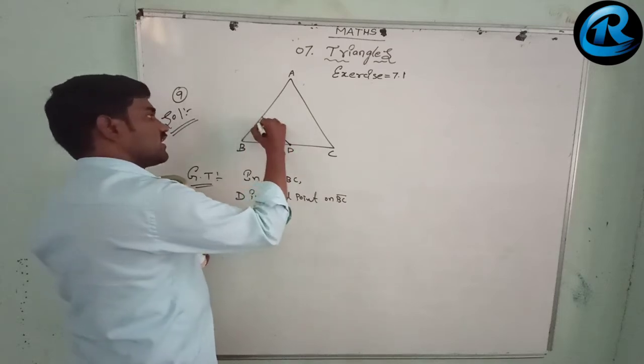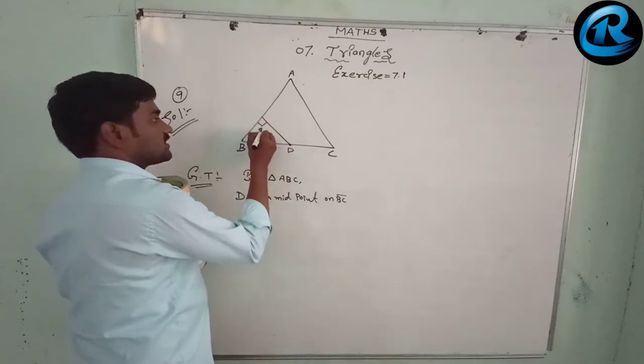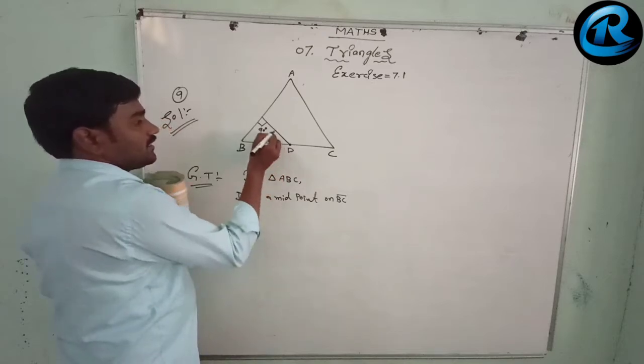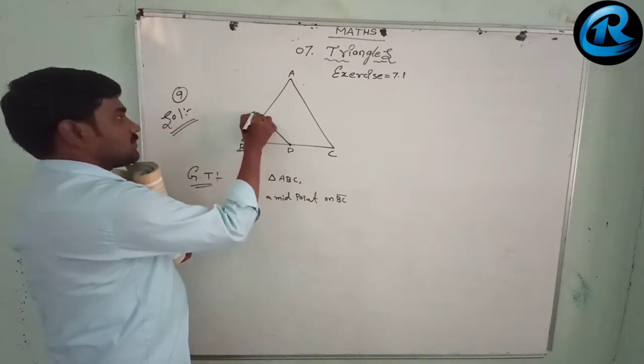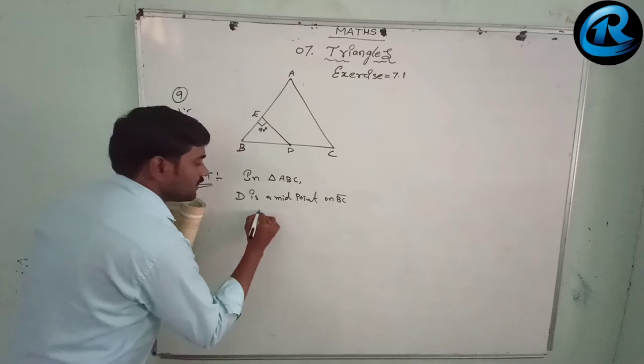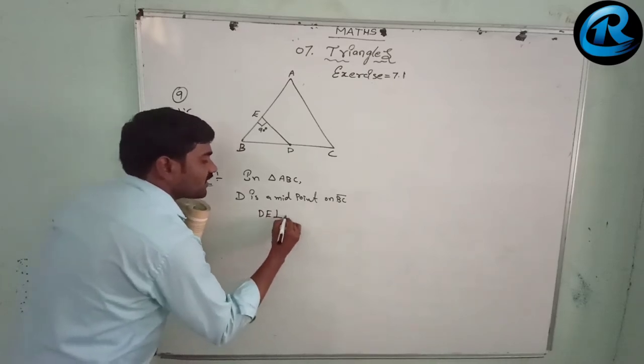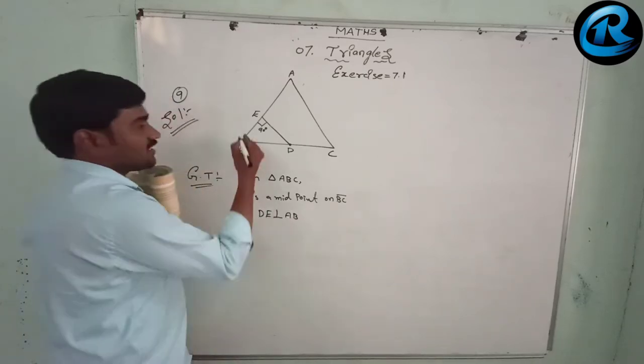You draw a perpendicular line which makes 90 degrees like this. Here DE, this is point E. Here DE is perpendicular on line AB, that is equal to 90 degrees.